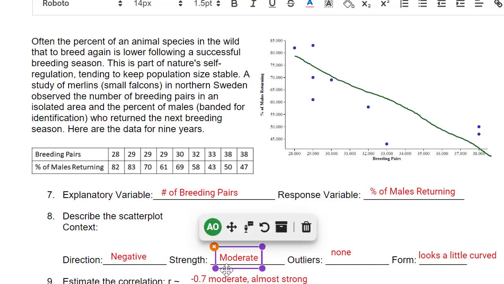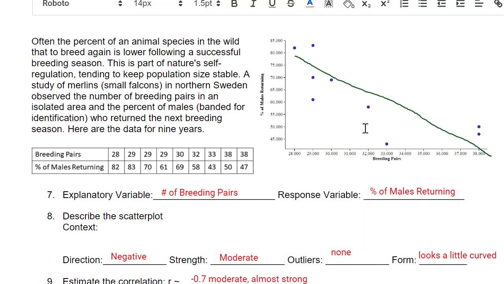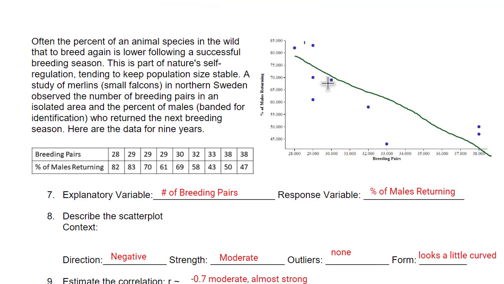So we got moderate. There are no outliers. I mean, could you argue maybe that one, but it's kind of just scattered. So it does look a little curved to me. So this does look like it's almost curving this way, right? So I would say it's kind of linear, but it looks a little curved. And you're allowed to do that.